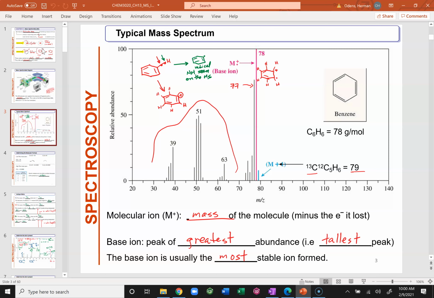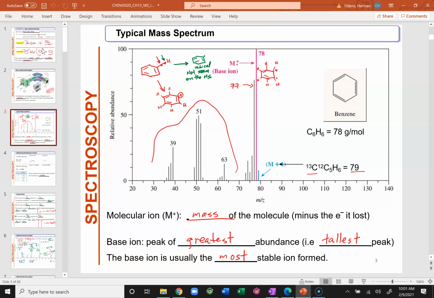So, very important fragments that you will need to recognize. The easiest one to recognize is the M plus ion. That's your molecular ion. If I ask you to pick 3 or 4 fragment ions from a molecule, don't forget to include the M plus ion, because that gives you points right away. The second most important then is the base ion.